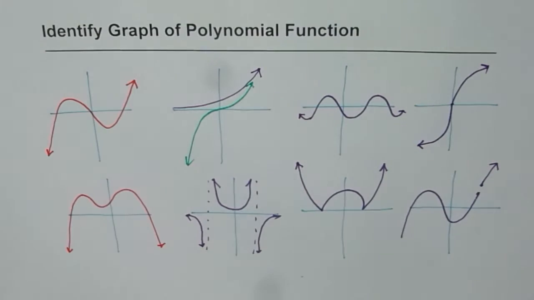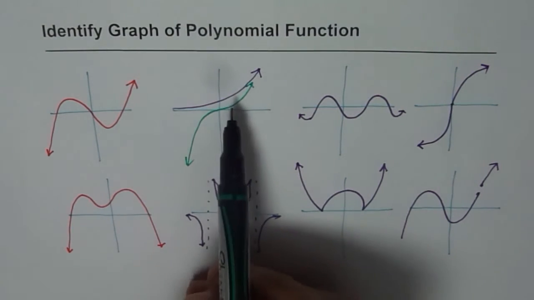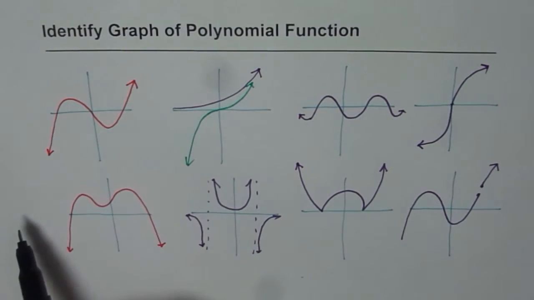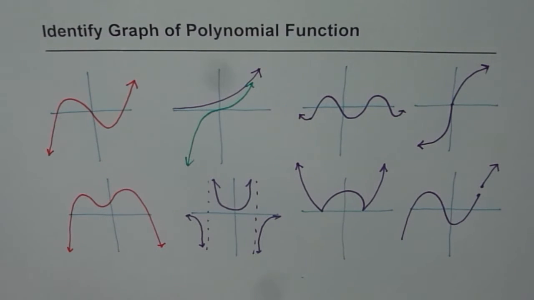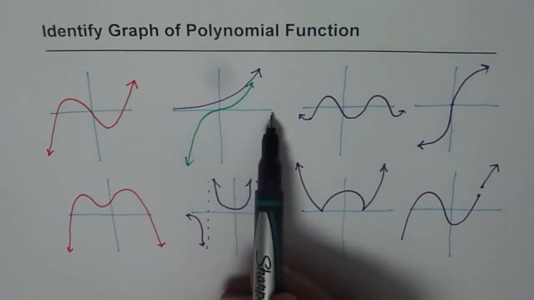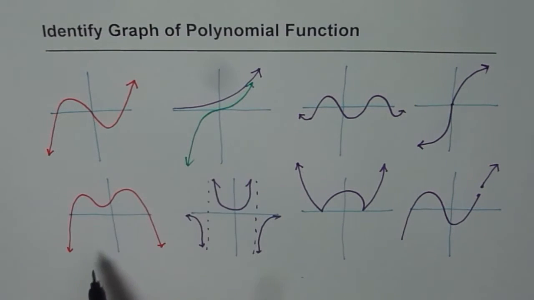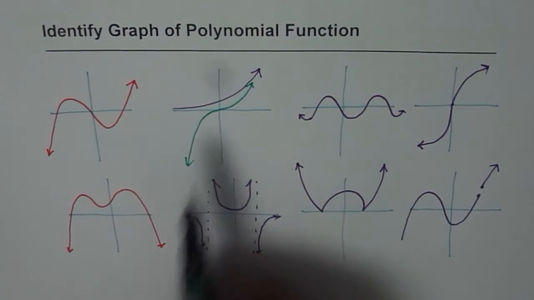Do you see that? The reason here is horizontal asymptote. Polynomials do not have horizontal or vertical asymptote. If you are approaching negative infinity or positive infinity for a polynomial, they will also approach negative or positive infinity. They will not approach a particular value. So no horizontal asymptote.